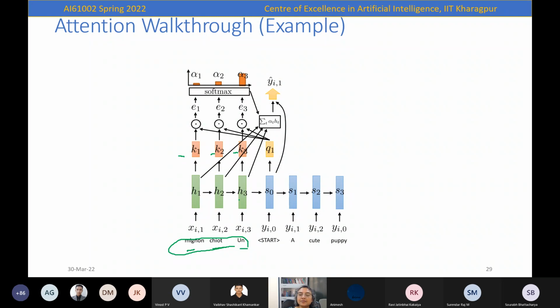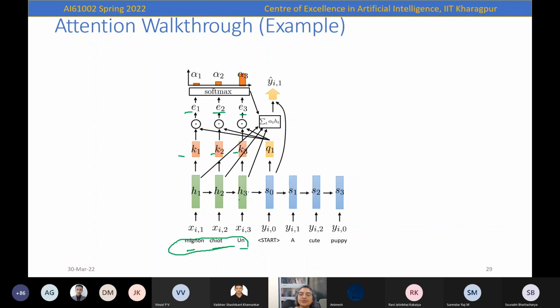Then this H3 appears as S0. And then I want to find out Q1 based on S0. So from Q1, I find out the similarity of Q1 with K1, K2, K3, and so I get E1, E2, E3.